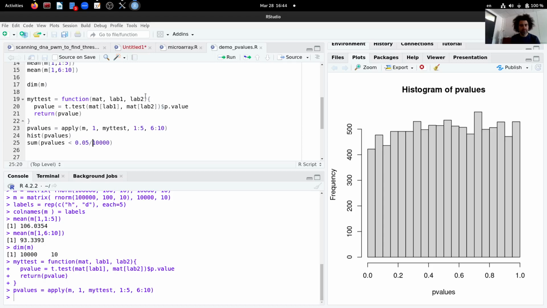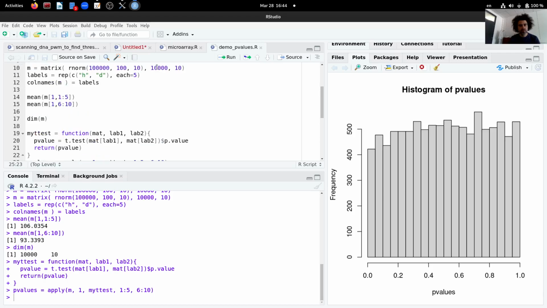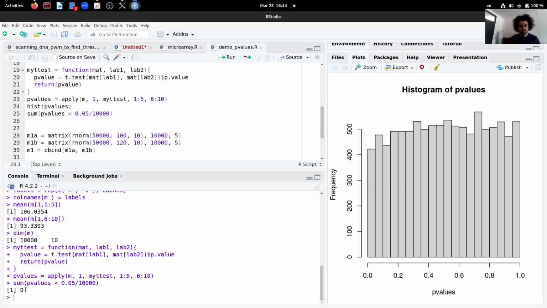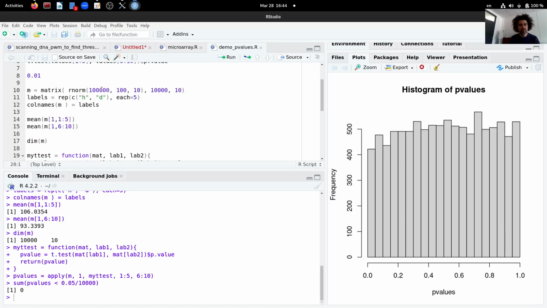Now, if we set as a threshold, as we said, alpha 0.05 divided by the number of experiments, remember that here we had 10,000 genes, so we have 10,000 experiments, then what we will find will be 0 genes, 0 comparisons reported as positive, so 0 times we rejected the null hypothesis, which is good because in this dataset the null hypothesis is correct by definition, by construction of the dataset.